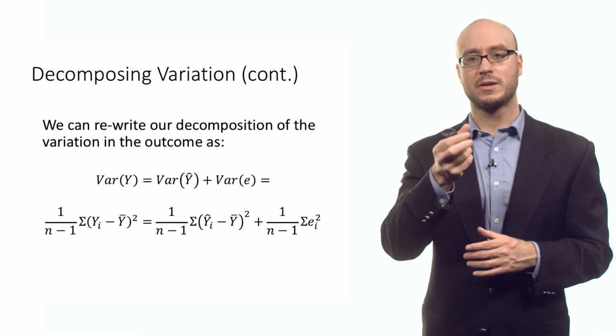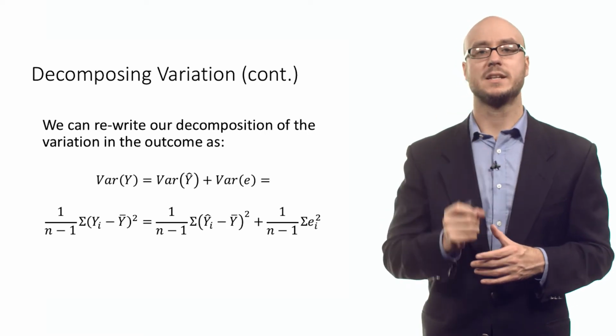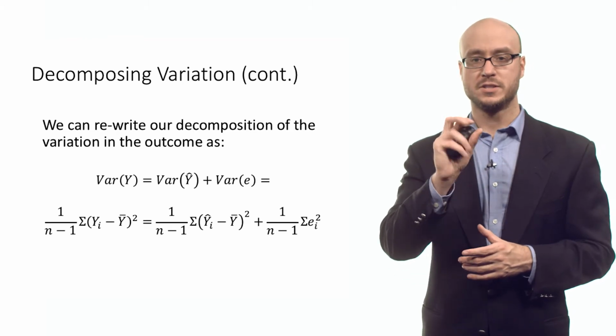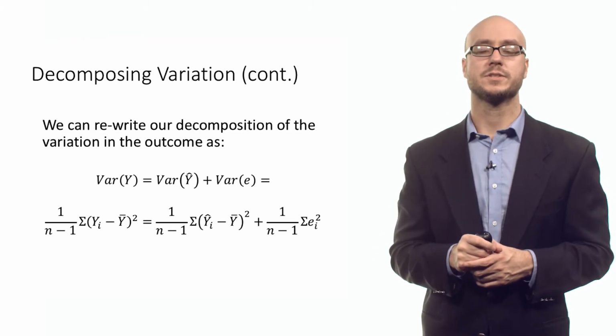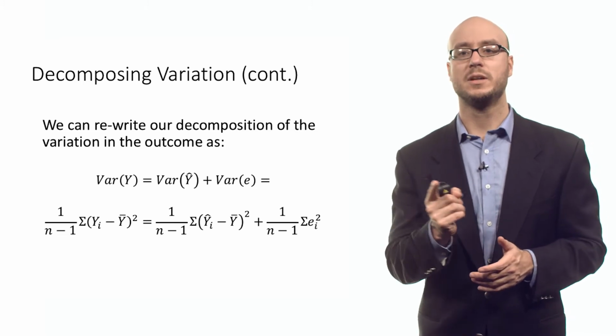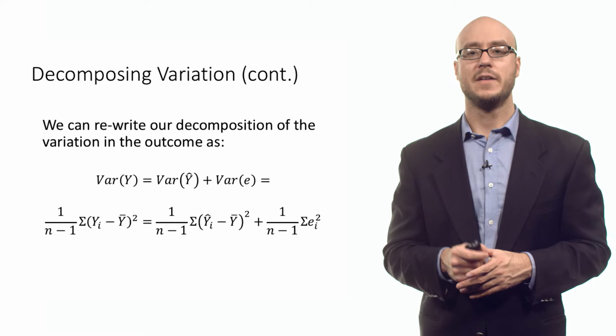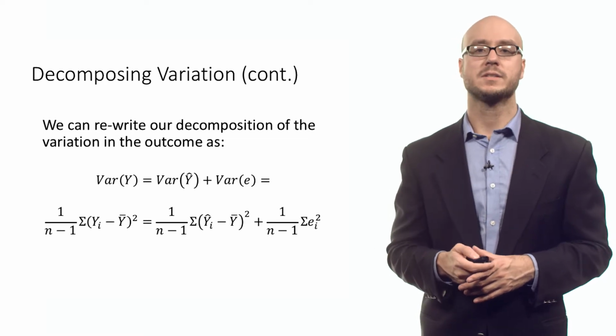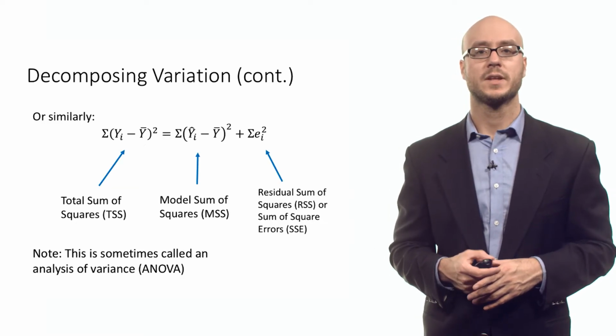And we're squaring those and calculating what's in essence an average of these squared deviations. And for the y-hats, the variance of the y-hat, we're still using the mean of y as our benchmark. And then we can also calculate the variance of the errors or residuals.